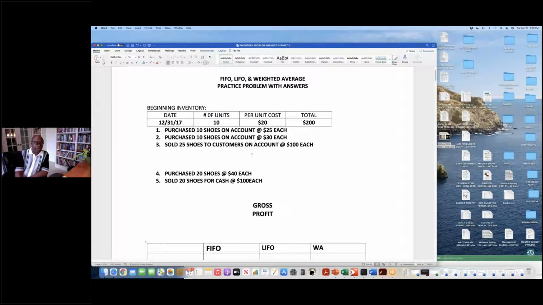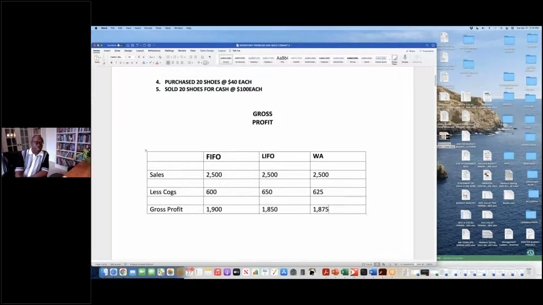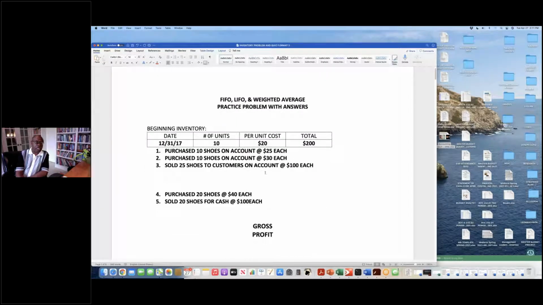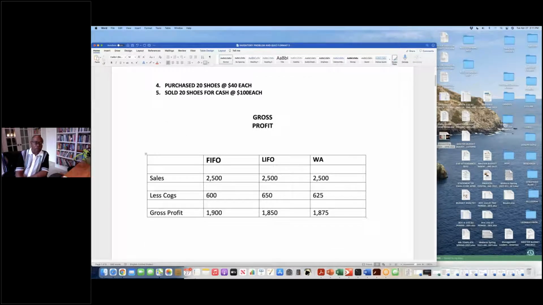Then the B students are going to pick up 4 and 5 and come up with a new LIFO total. And then my A students, they're going to knock it all out. They're going to pick up these next 2, and they're going to come up with a new weighted average gross profit after those next 2 transactions.